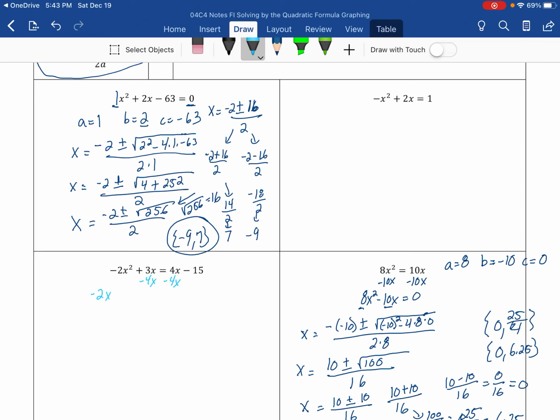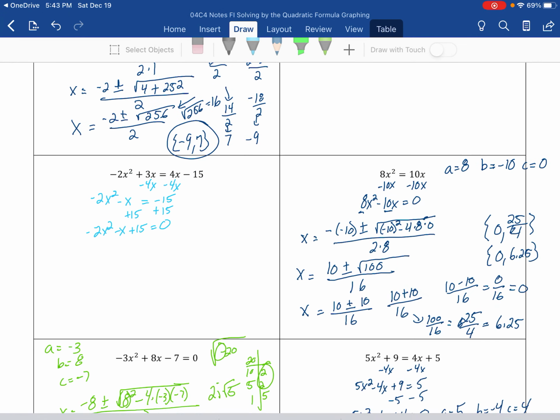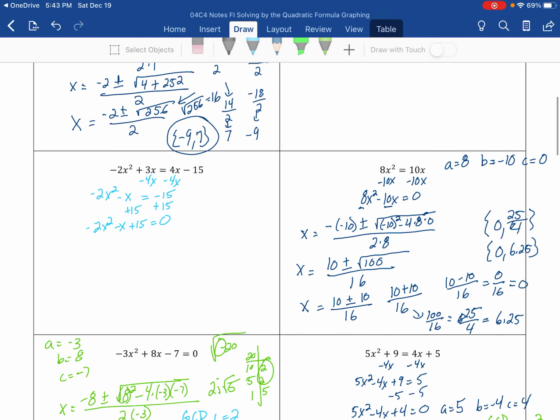So I subtract 4x. This is going to be negative 2x squared minus x is equal to negative 15. I add 15. Negative 2x squared minus x plus 15 is equal to 0. That I don't want to happen.